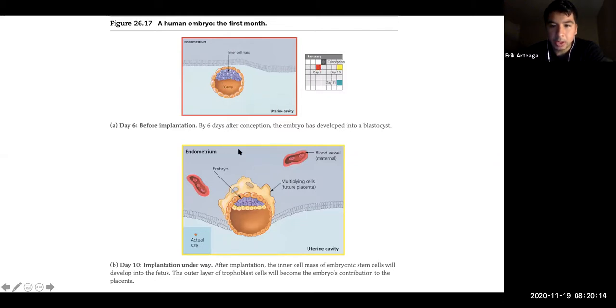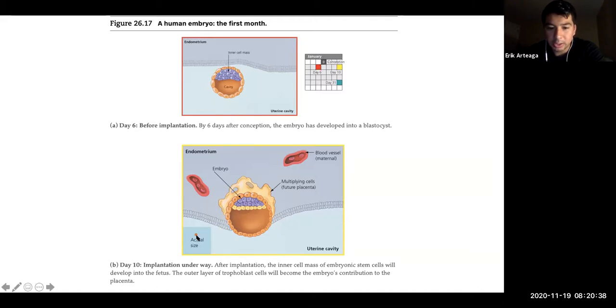At day 10, we have multiple cells maturing and multiplying, and this is going to turn into the placenta. This is the attachment site where the child is going to be exchanging nutrients and waste products, and it's what will be attached through the umbilical cord to the child eventually.